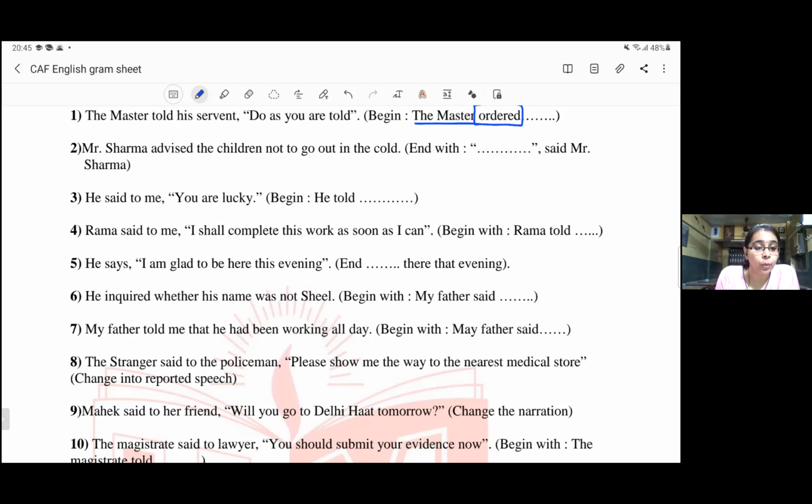Next, seventh one. My father told me that he had been working all day. Begin with my father said. Not me, guys, in the seventh sentence it is my father.